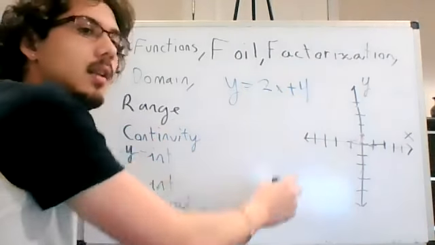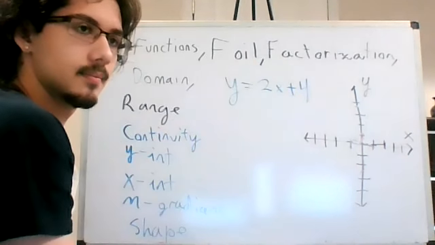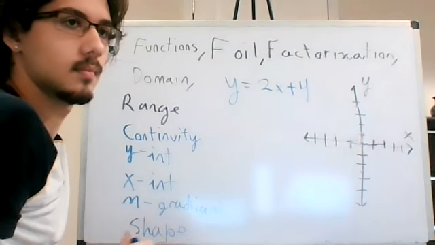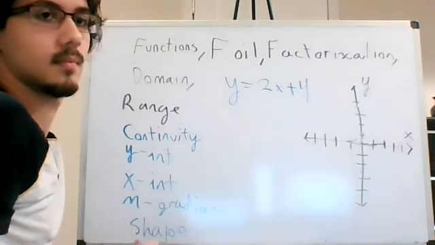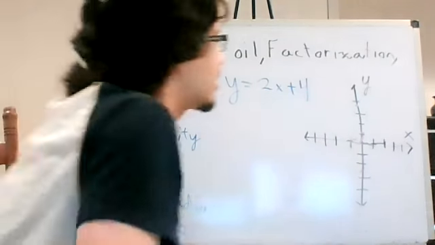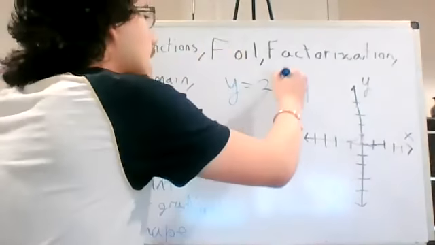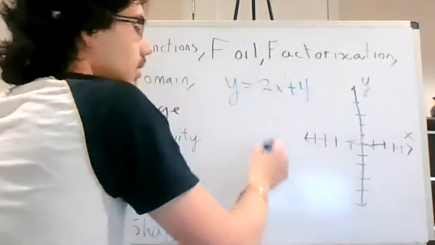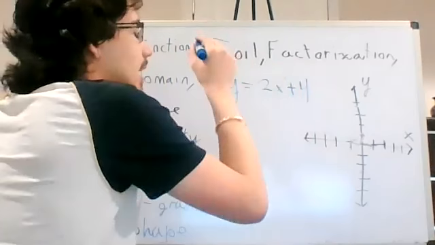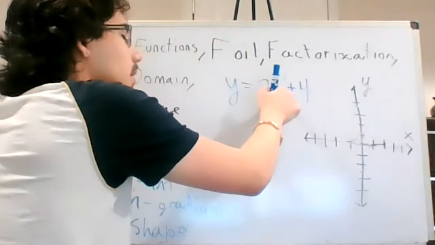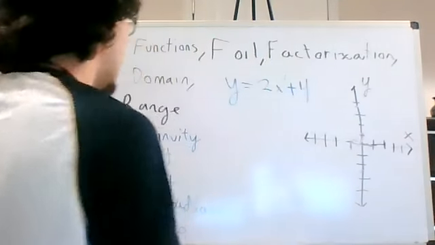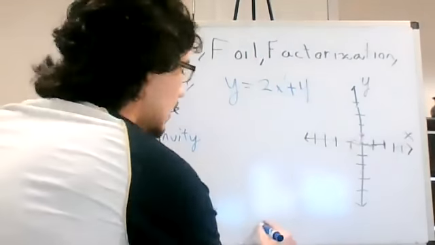What will this function look like on the graph? It would be straight. Yes, it is a line. It is x to the power of 1. This is the only x term, and it is x to the power of 1, so we know it's a line. So the shape is a line.